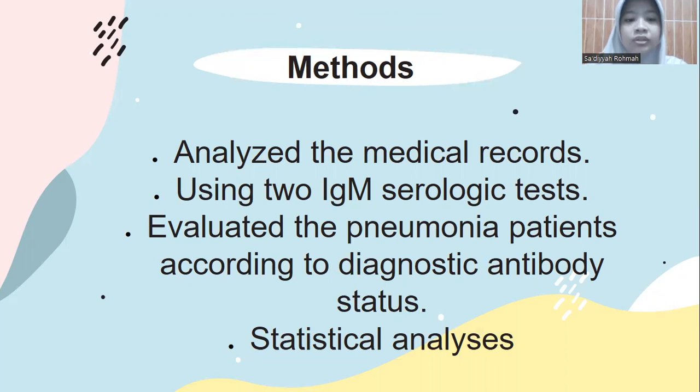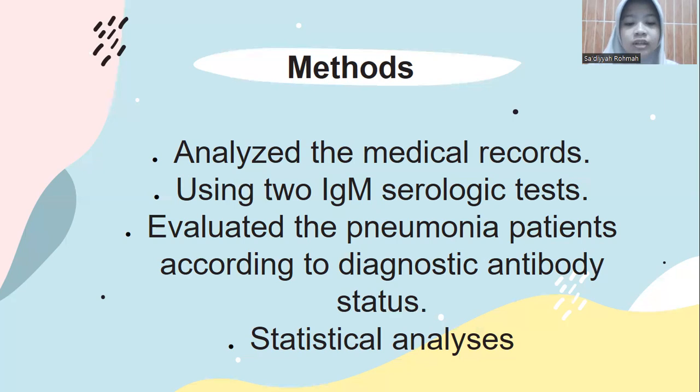Second, using 2 AGM serologic tests. Select patients with MP using 2 AGM serologic tests, that is the indirect microparticle agglutination assay, with positive cutoff value more than or equal to 1 to 40, and the cold agglutinin titers, with positive cutoff value more than or equal to 1 to 32.